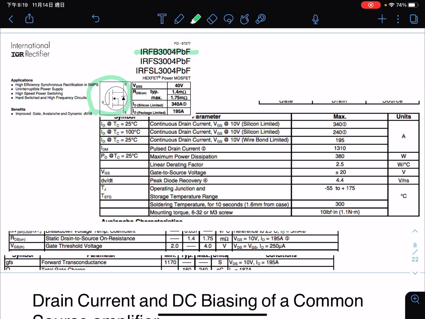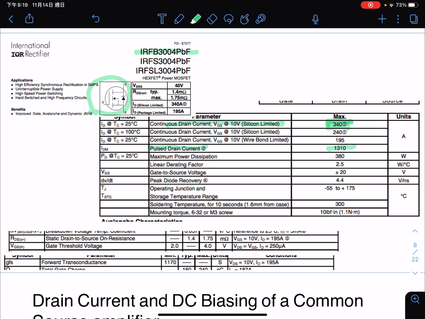B3004PBF. This is the part number, and we can see the drain current can be very large because it can be 340 ampere based on these conditions. The pulse current means the drain current in a very short period of time can reach 1,300 ampere.